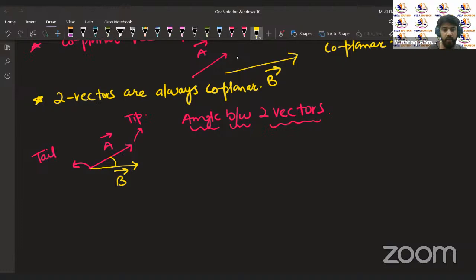Then the smallest angle formed upon joining the tails of the two vectors is what we call the angle between two vectors. So the angle between two vectors is the angle formed when we join the two tails of the two vectors.